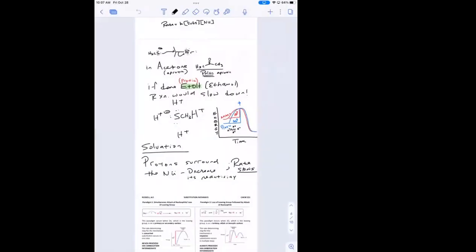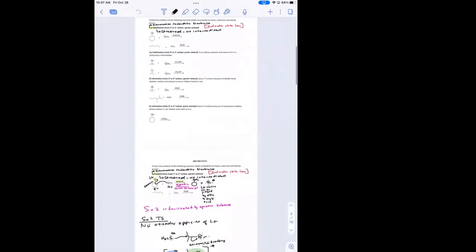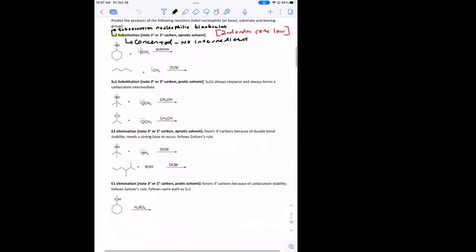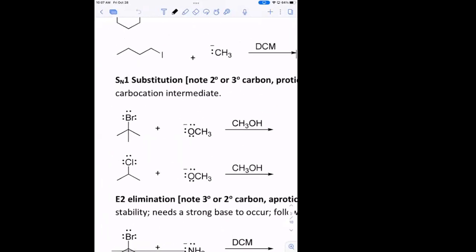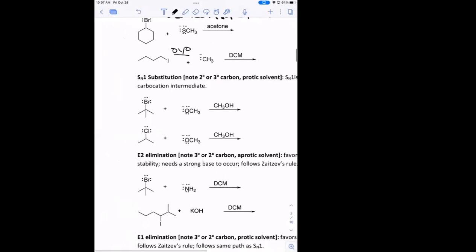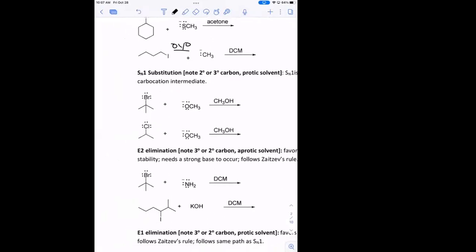If not, I'm gonna leave the second example to you all, just to predict the product. You don't have to worry about all the rate law and all that stuff, just predicting the product.